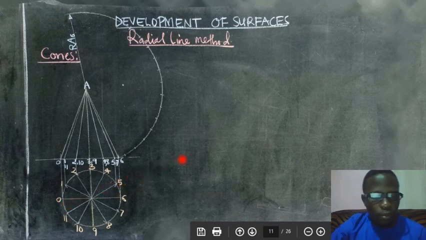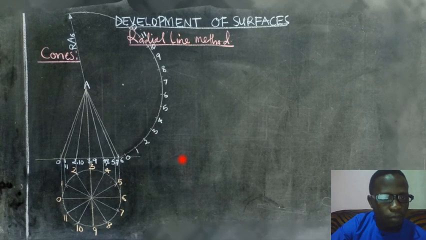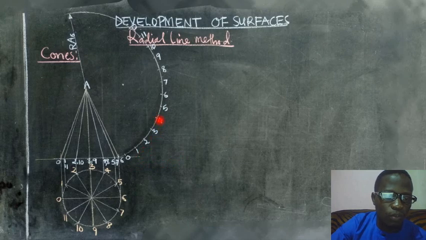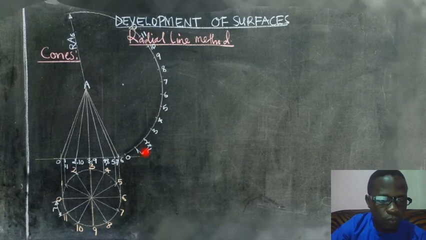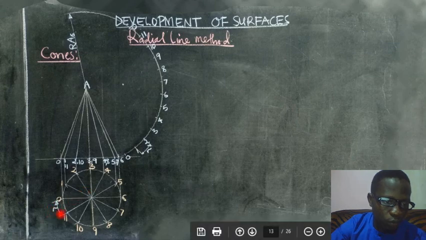After putting those divisions, we can number them for easy plotting. We have 1, 2, 3, 4, 5, 6, 7, 8, 9, 10, 11, back to 0. Now I'm trying to put the demonstration here that the distance between 1 and 2 is equivalent to the small arc radius on the circle.